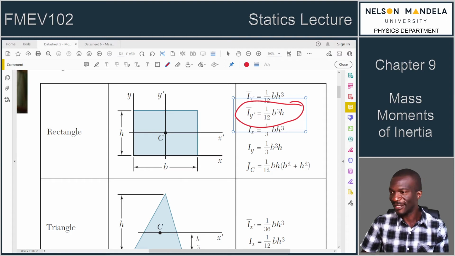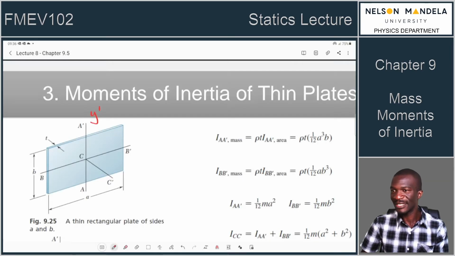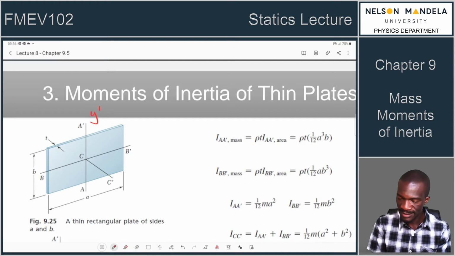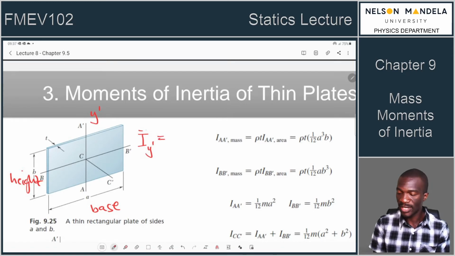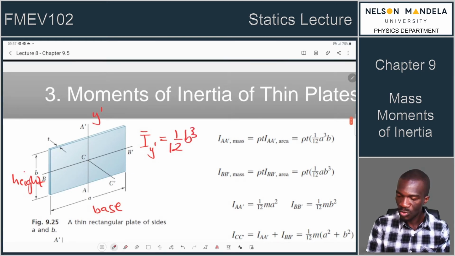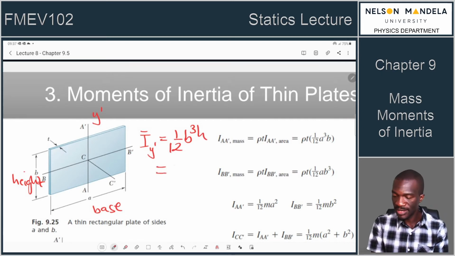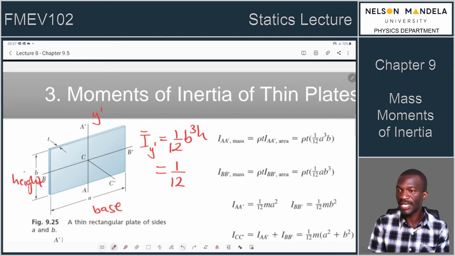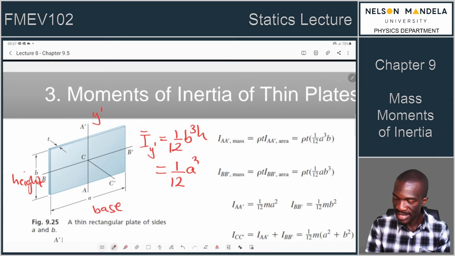Let's look at our rectangle. Our rectangle has a base, so this is its base, and then this is its height. So this means when we said the y prime centroidal is equal to a 12th of b cubed h, if we interpret it into our diagram, the b is the base according to our previous diagram, so that would be, in our case, a cubed.